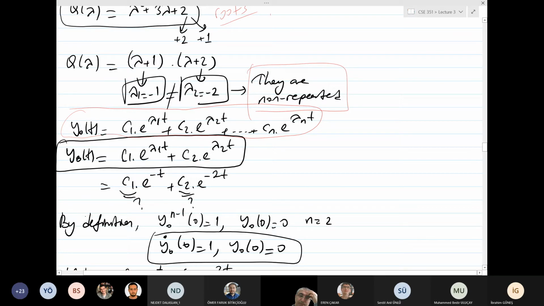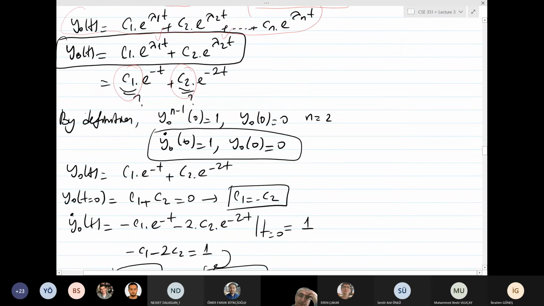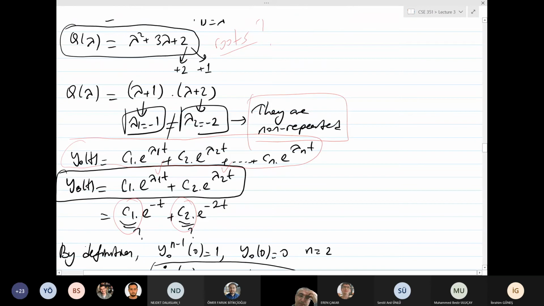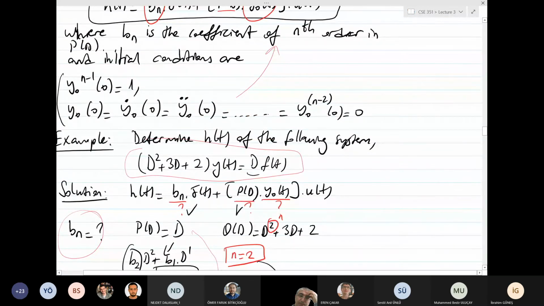Okay, so these are the zero input response. And we know lambda 1 and lambda 2 from here. What are unknown are the C1 and C2 coefficients. So we need to find these coefficients using the initial conditions. And the initial conditions were given in this definition, guys, if you remember.